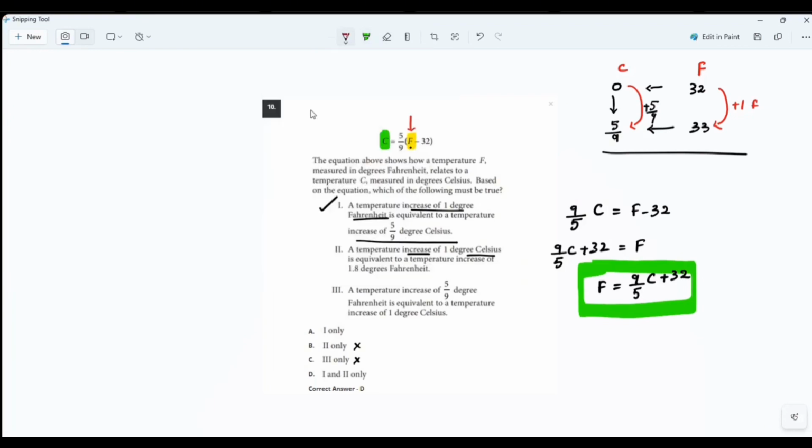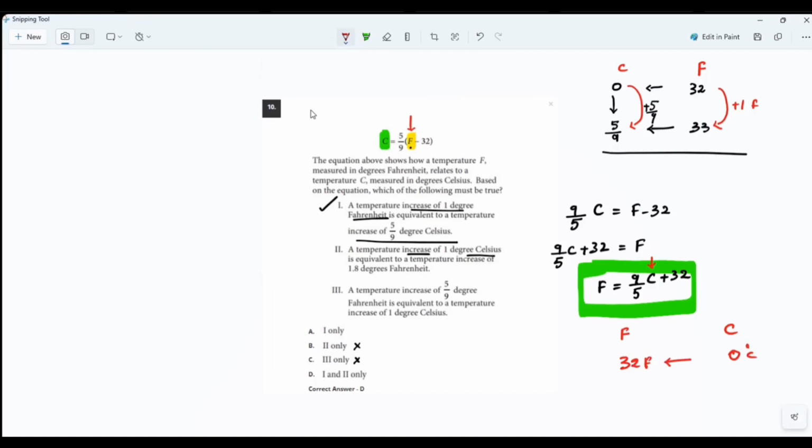So let's now figure out the best value I can substitute for C. For the initial value, 0 could be the best fit. If I substitute 0 for C, 0 degrees Celsius, what do I get? 0 times 9/5 is 0, 0 plus 32 is 32. So if I substitute 0, that will give me 32 degrees Fahrenheit.